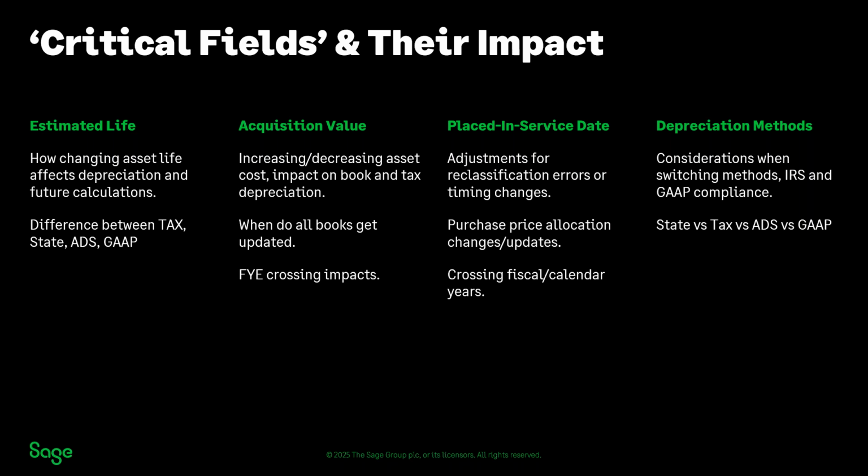I remember this one quick story for depreciation methods in particular when someone wanted to take bonus depreciation on the assets in tax, and they turned it off at first, but now they wanted to turn it back on. They went in asset by asset by asset, and I was almost crying with them because that can happen in the system in bulk.